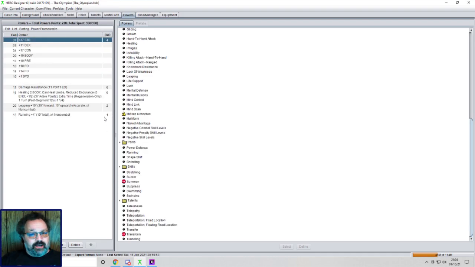It is a nice power. It definitely has its place in a superheroic setting. But generally speaking, I've not seen it come up too much. A lot of GMs shy away from it, and I can kind of understand that. A lot of players shy away from it because it is multiple character sheets that you have to keep up with.